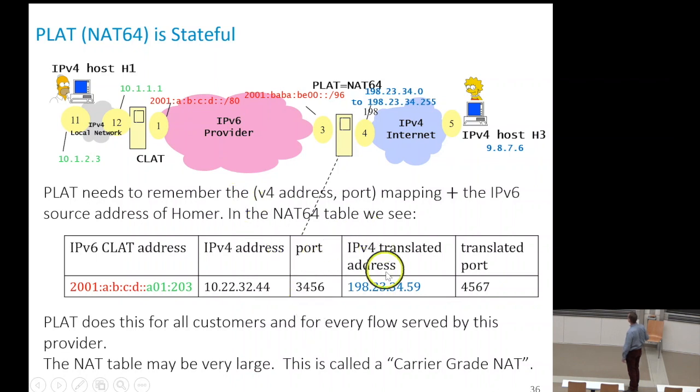Then it will be mapped to another address, so this is the left part of this box, is mapped to an address on the right part. This is one of the addresses that are in this block here, and the port number may be changed here.